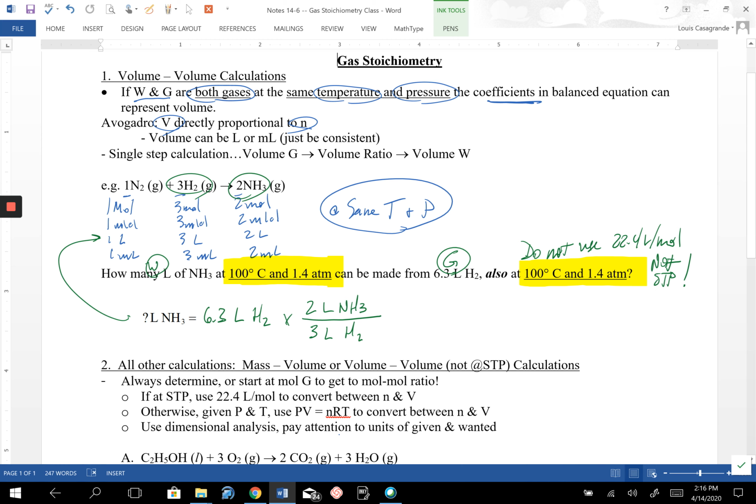And now it's pretty straightforward. Liters of hydrogen cancel off. 6.3 divided by 3 is 2.1 times 2 is 4.2 liters of ammonia. Okay, so liters of ammonia, when we have the same temperature and pressure, are pretty easy to get to.